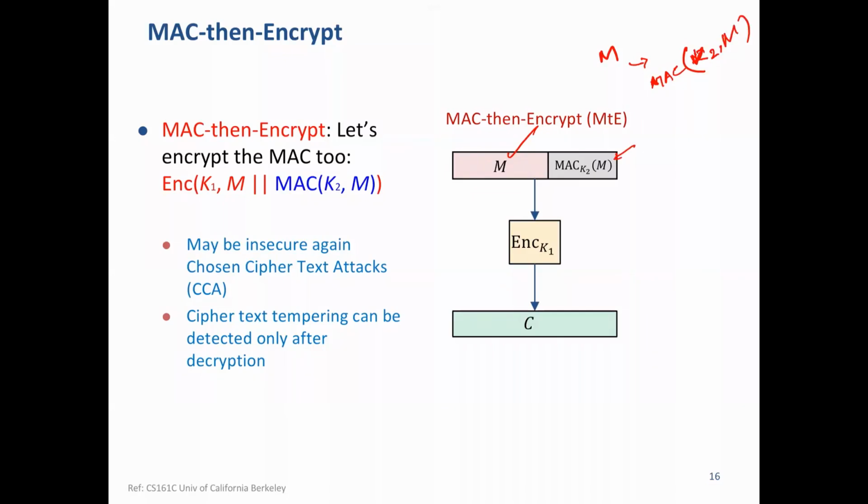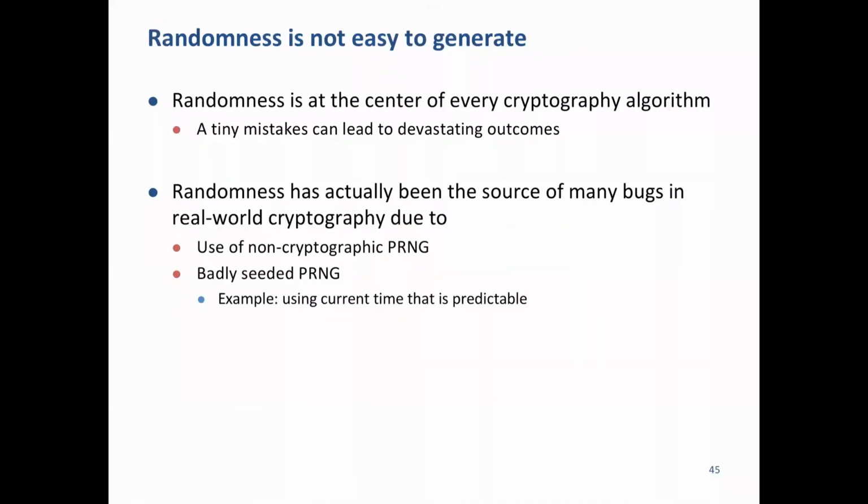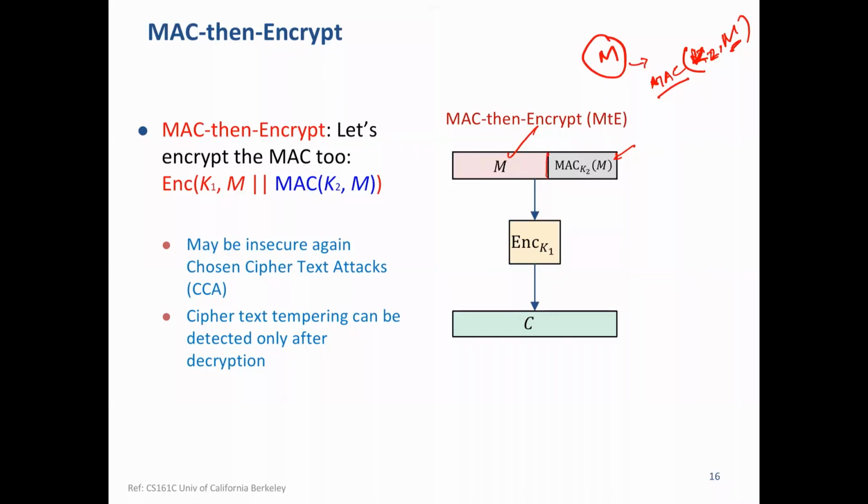So get the MAC or tag of this message using the K2 key on M, and then what you do is just concatenate both, and then take this as a message and encrypt this using key K1, right?